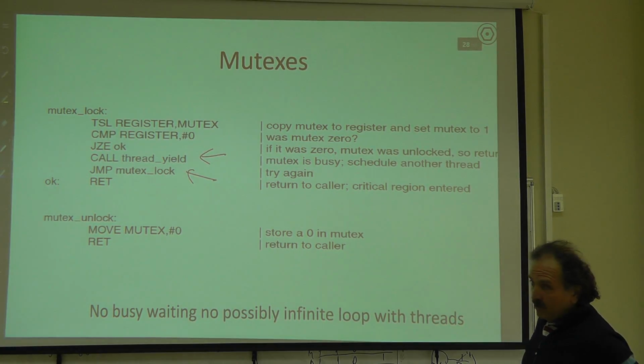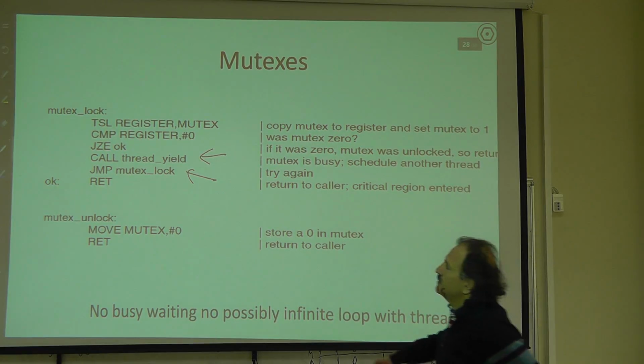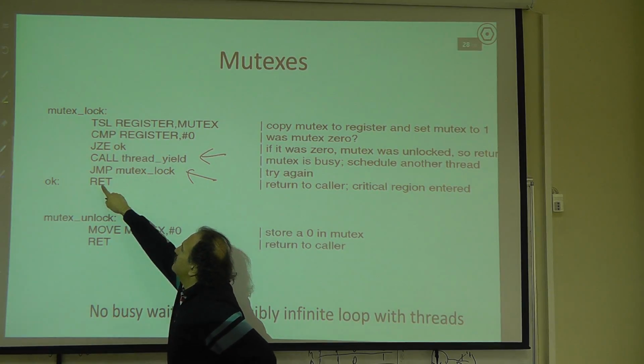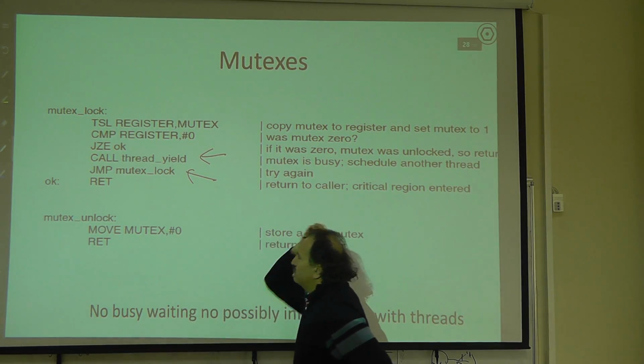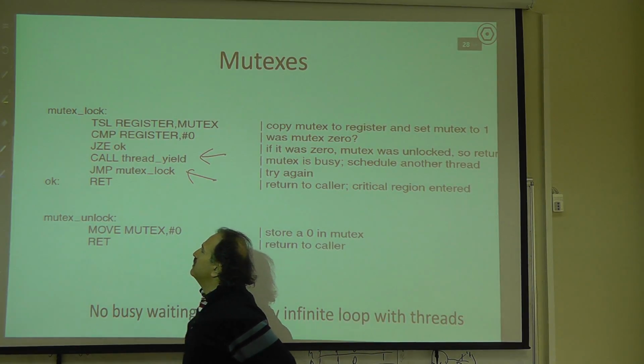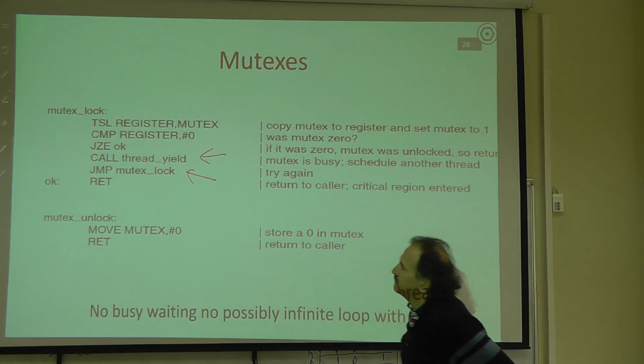Because after the operating system lets me run again, it doesn't mean that I got the lock. I have to test it again. So then I go there and test it again, and if the test is okay, I come to the return. And when I do the return, that means that I got the lock.